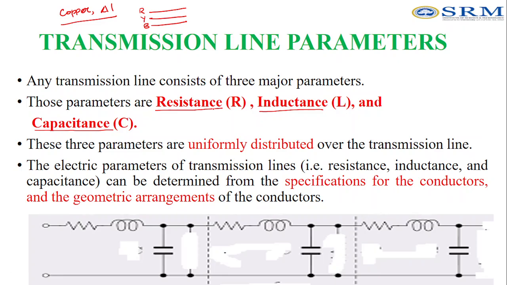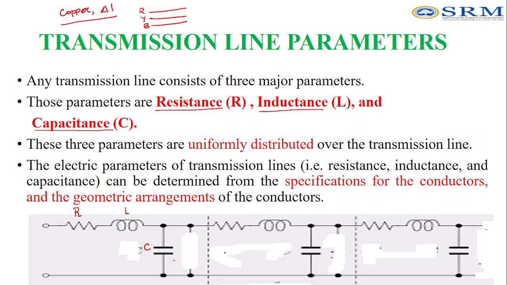So using all these three parameters, resistance, inductance, capacitance, we can form the transmission line, or create the equivalent circuit for the transmission line. Okay. So you can see the diagram here. This is resistance R, this is inductance L, and this is capacitance. Normally, resistance is connected in series, inductance is connected in series, but capacitor should be connected in parallel.